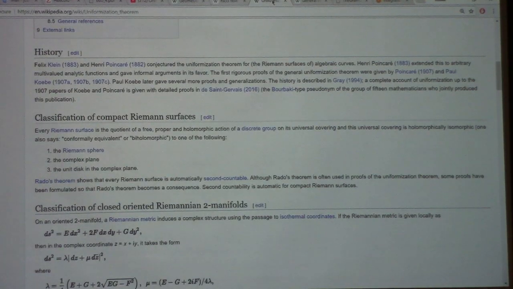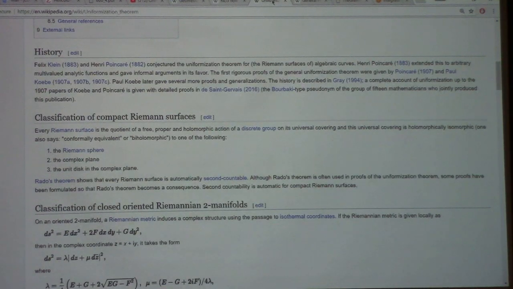So the Riemann sphere, we've played with some in here, actually. That was that stereographic projection problem you guys had. The complex plane, well, that's the complex plane. And then the unit disk in the complex plane. These are, in some sense, general categorizations of what you find for compact Riemann surfaces, up to some fine print.